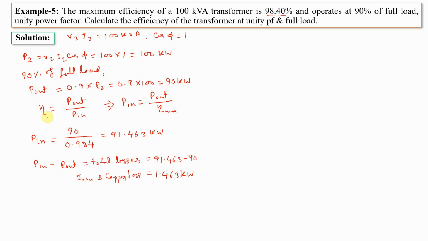As the efficiency is maximum, and we know that the condition for maximum efficiency is iron loss should be equal to X square into PCU. Here the value of X is 0.9, because at 90% of the full load the efficiency is maximum.